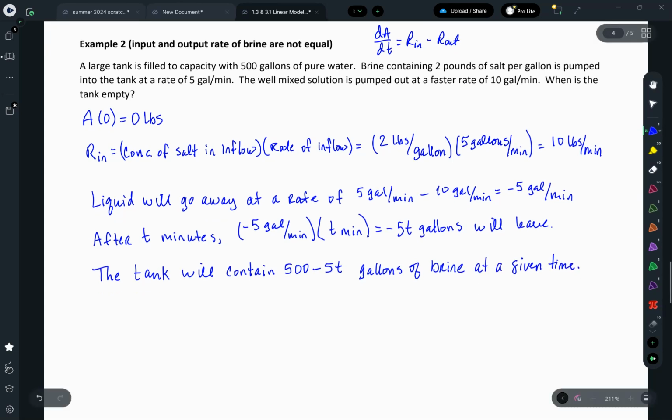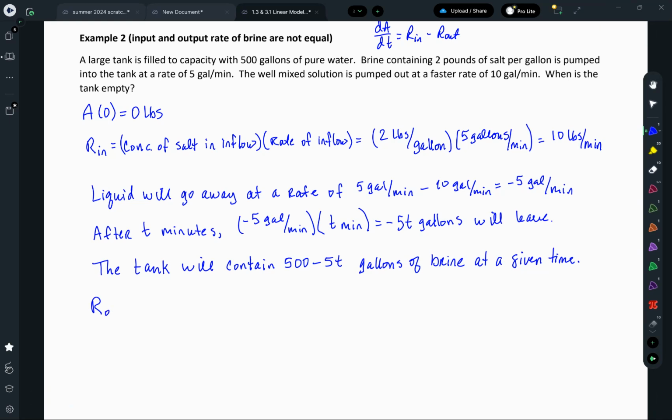Okay, so now we can find our big R sub out. And that is going to equal, remember, the concentration of salt in the outflow times the rate of the outflow. All right, and so the concentration is going to be the number of pounds per gallon, right?